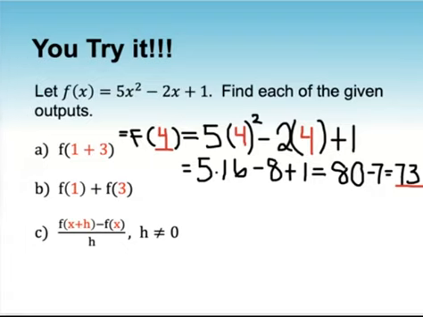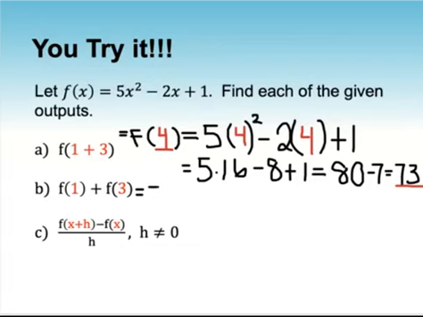Let's look at part B. For part B, we have f of 1 plus f of 3. This is going to equal, well, we're going to do f of 1 first. That just means that we plug in 1 for every x on f of x.